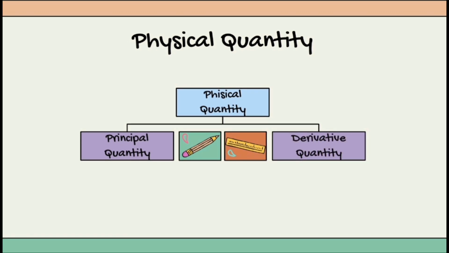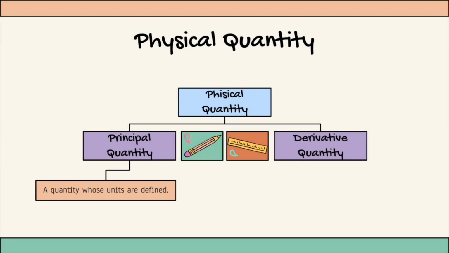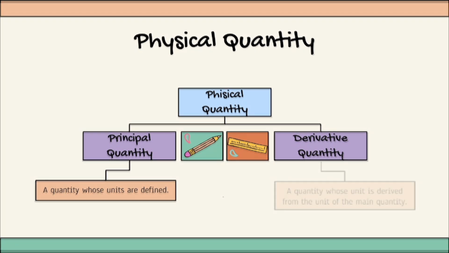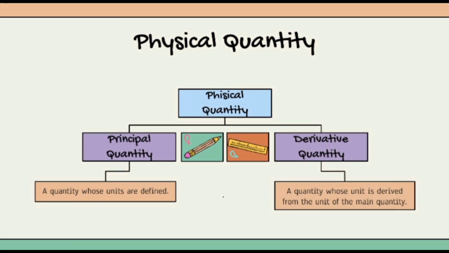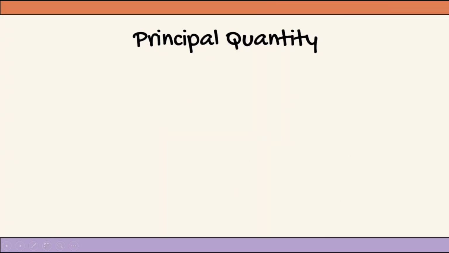The definition of principal quantity is a quantity whose units are defined. And then the definition of derivative quantity is a quantity whose units are derived from the units of the principal quantity. There are examples of principal quantity.